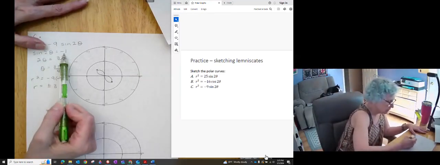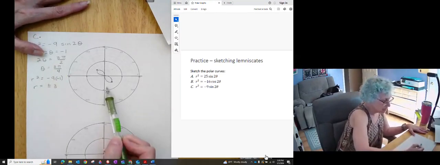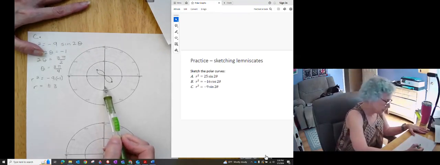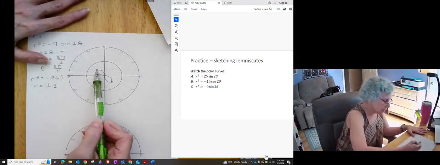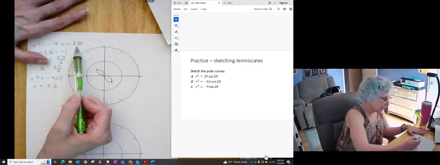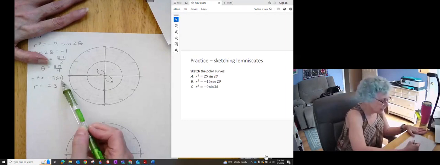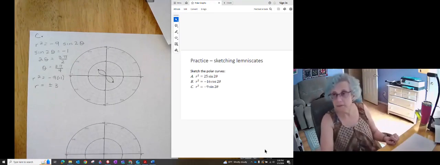So sine of 2 theta equals negative 1 when 2 theta is 3 pi over 2, because sine is negative 1 at 3 pi halves. So I divided by 2. So at 3 pi over 4, I can plug into sine of 2 theta. Negative 1 comes out. So r is plus or minus 3.